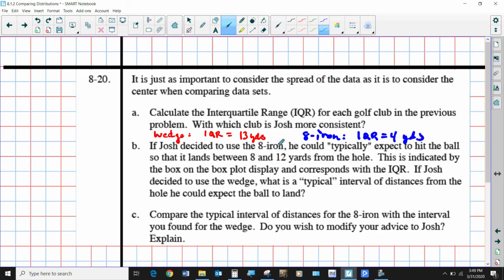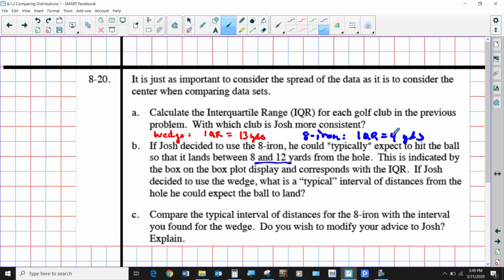So if Josh decided to use the 8-iron, he would typically expect to hit the ball so that it lands between 8 and 12 yards from the hole. This is indicated by the box on the box plot display and corresponds with the IQR. If Josh decided to use the wedge, what is a typical interval of distance from the hole he would expect to land? The typical interval for this would be that 8 to 12 yards.